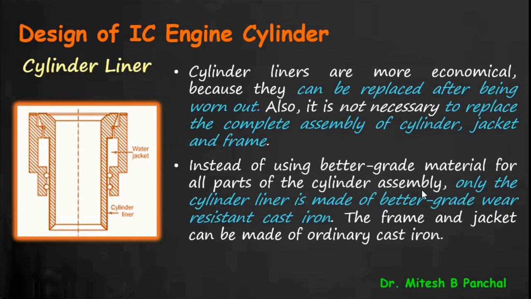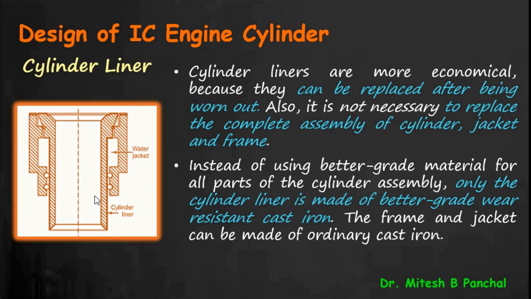Instead of using a better grade material for all parts of the cylinder assembly, when you use a cylinder liner, only the liner is made of better grade wear-resistant cast iron. Among the components like cylinder liner, water jacket and frame, the cylinder liner is the one in direct contact with the outer surface of the piston sliding inside the cylinder.